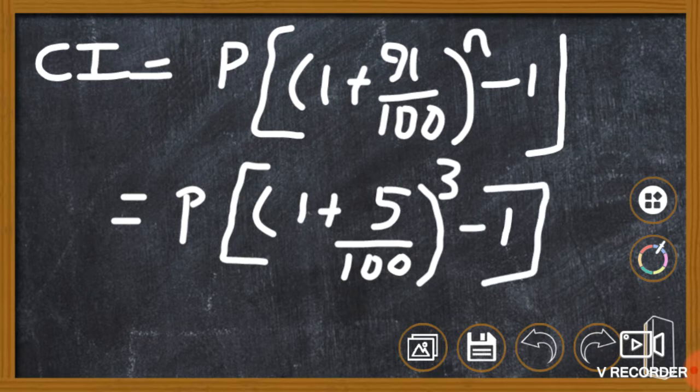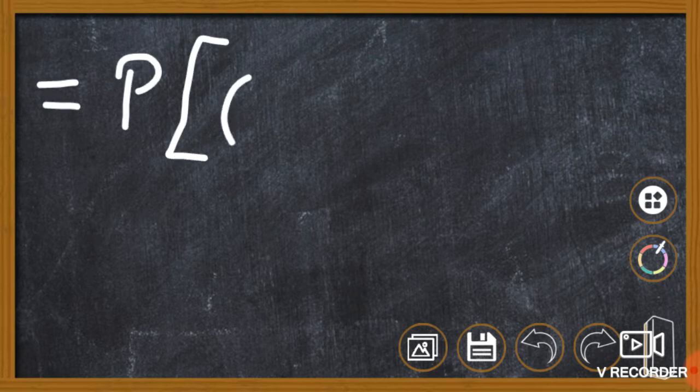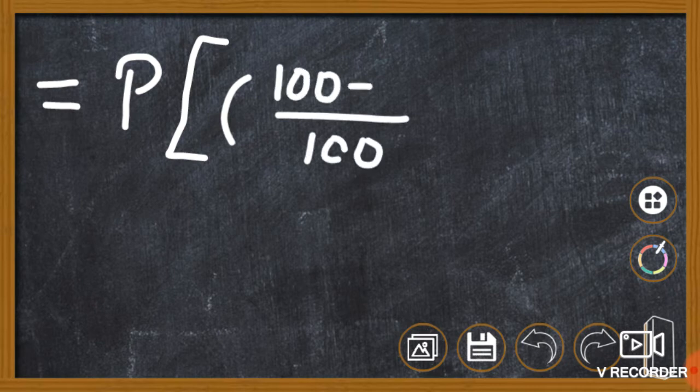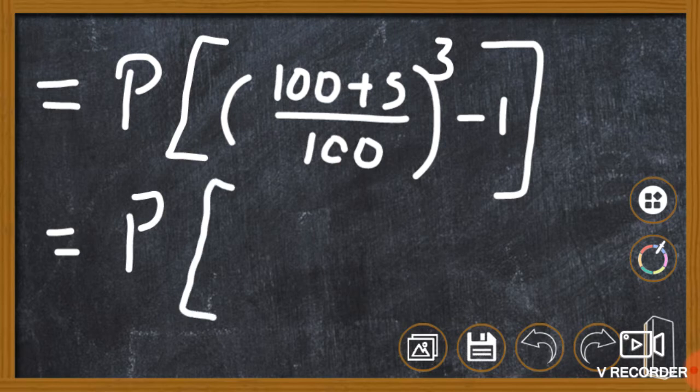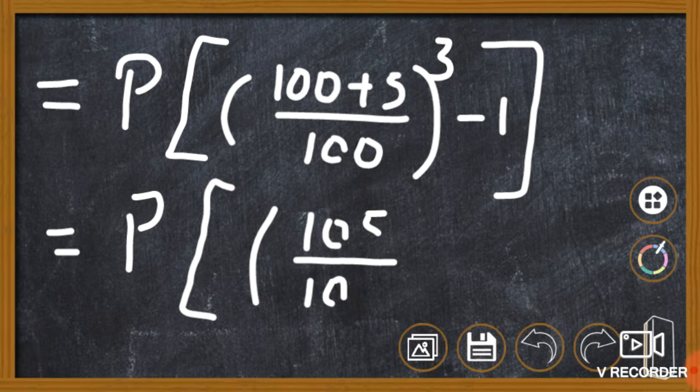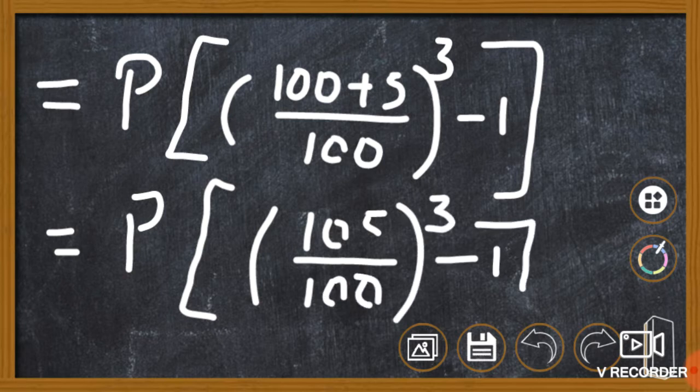Try to simplify 1 plus 5 by 100, that is P into, 100 will be the LCM. Numerator 100 plus 5 whole cube minus 1. In the next step, the sum of 100 plus 5 will be equal to 105 by 100 whole cube minus 1.